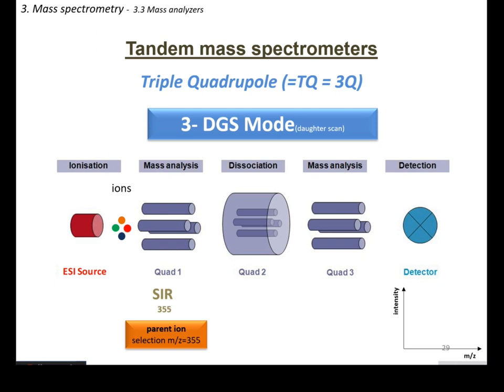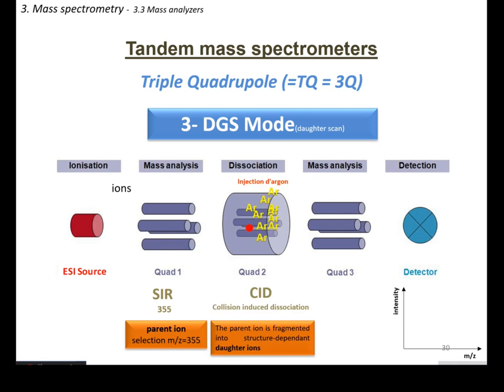Let's say you want to analyze the fragments of this ion of mass-to-charge 355. We call it the parent ion. So it's a selection of this particular ion, and only this ion goes into the dissociation cell.